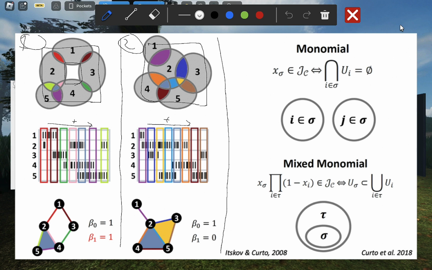So the structure that we can build from these two examples are these little simplicial complexes. And what you do is you say that if you see two neurons happening together at the same time, then that corresponds to a 1-simplex, which is like an edge in a graph.